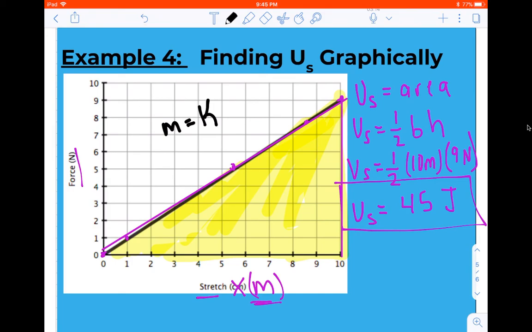So we could take the slope here between any 2 points on the trend line and then plug that in.